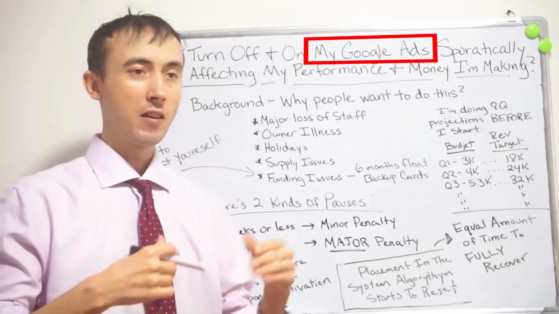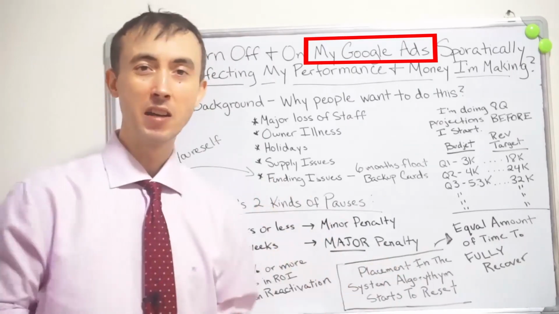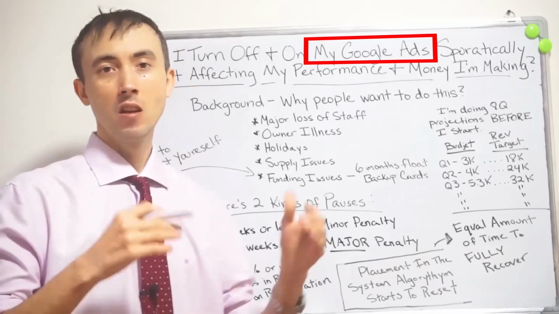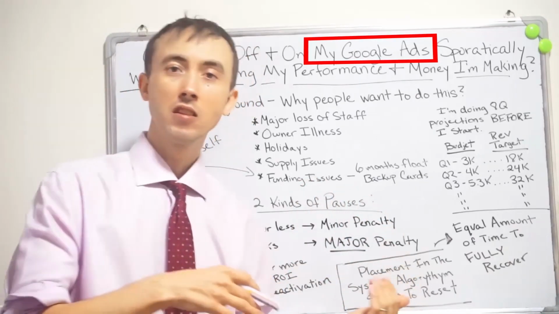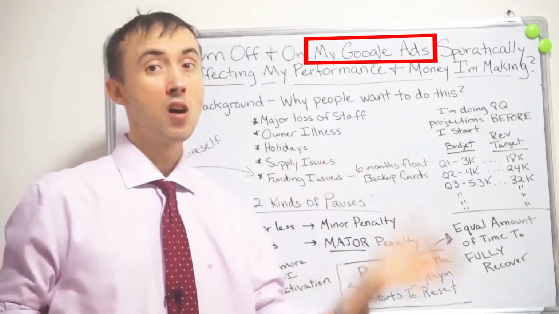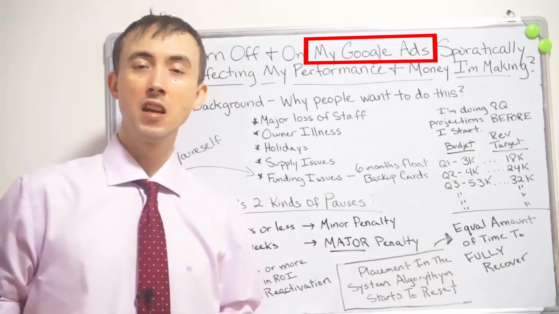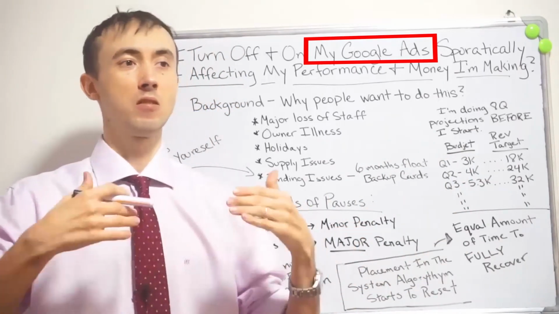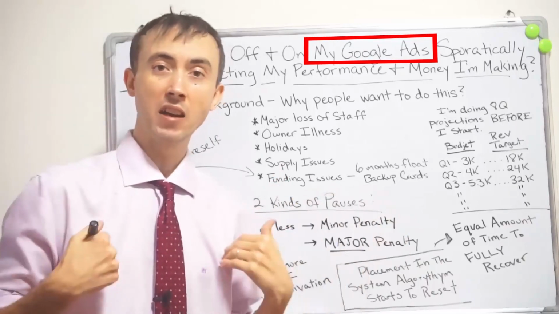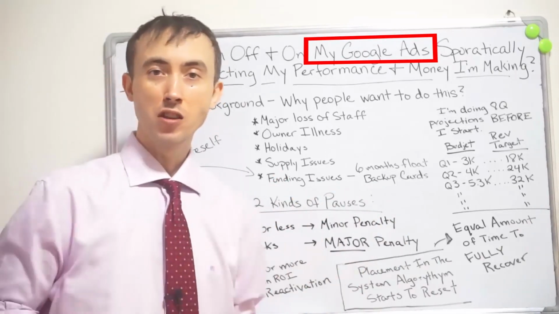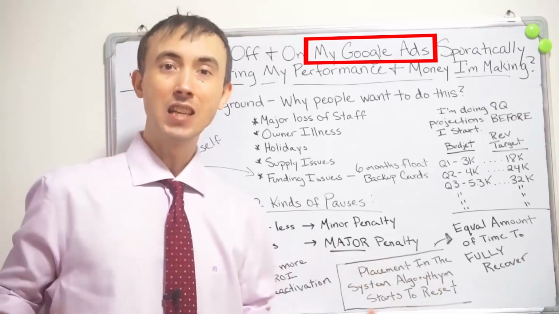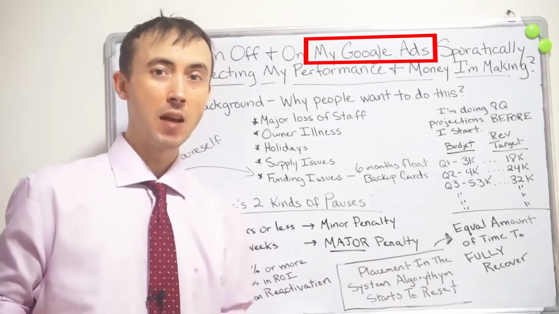So anyway, going back to the actual topic of turning your ads off and on: if you do it right, you won't be affected. If you do it wrong, you're going to be affected, and there are different degrees to which you will be affected. But I'm also going to give you my ways to safeguard yourself from experiencing any of it, even if you have to shut your ads off from time to time.